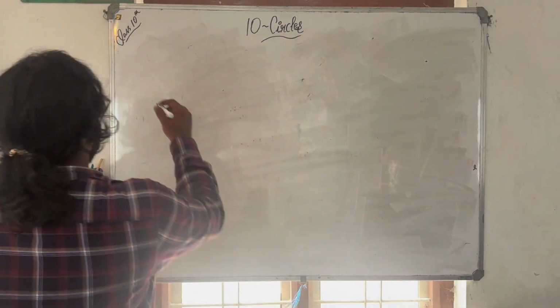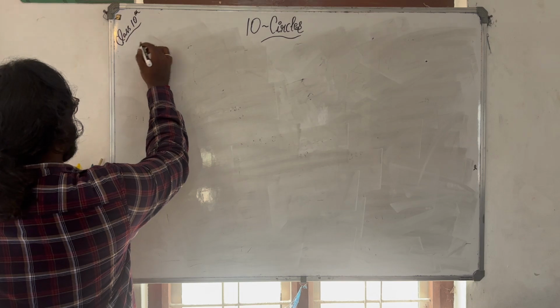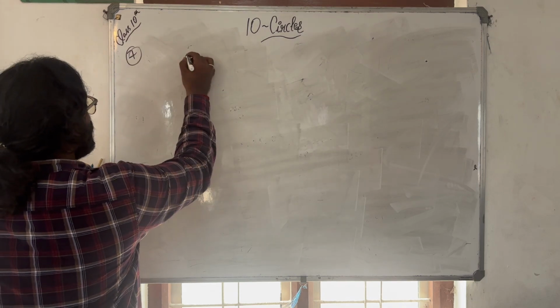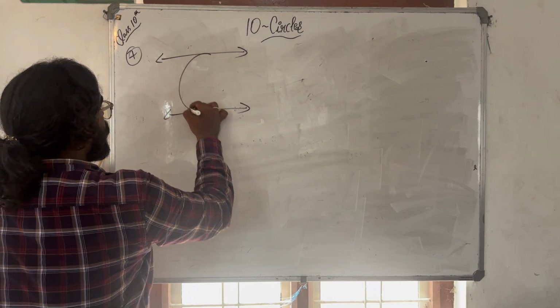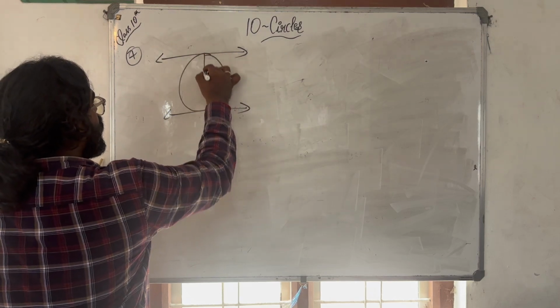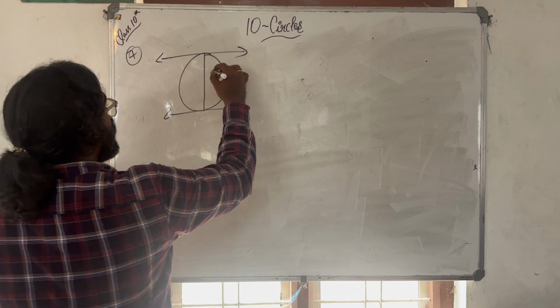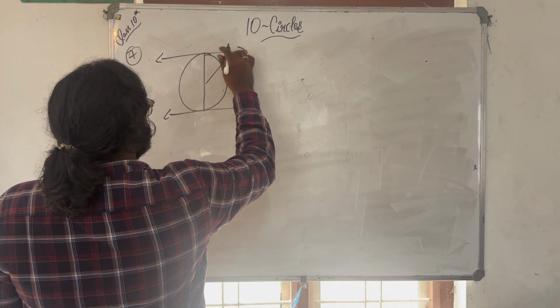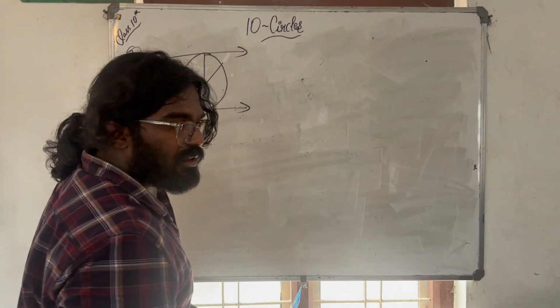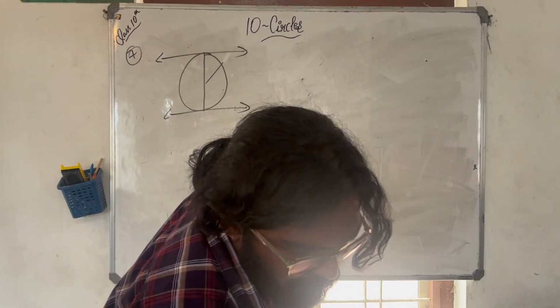The next question, I think it is question number 7. We have 2 lines. We have a circle between them. We draw one line, right? And I think we have a line like this. How is the diagram? Yeah.